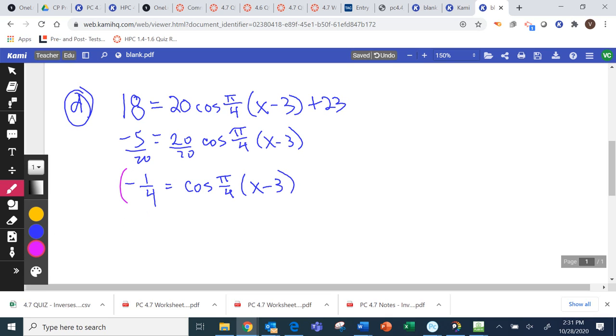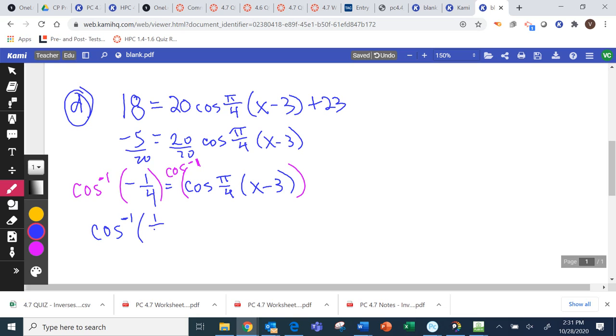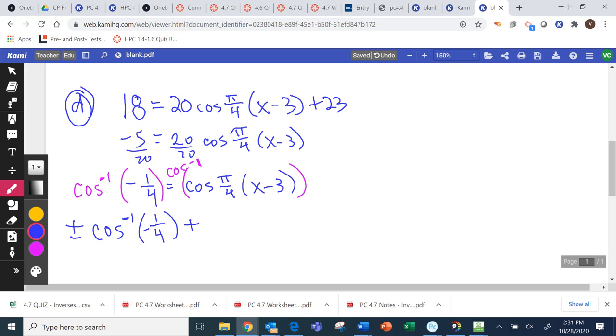And then I have to do inverse cosine. When we do that, it could go around multiple times. So we're going to have a plus and a minus in front of the cosine, and we're also going to have that 2k pi. Remember doing that before? On the other side, we've got pi over 4, and then the x minus 3.